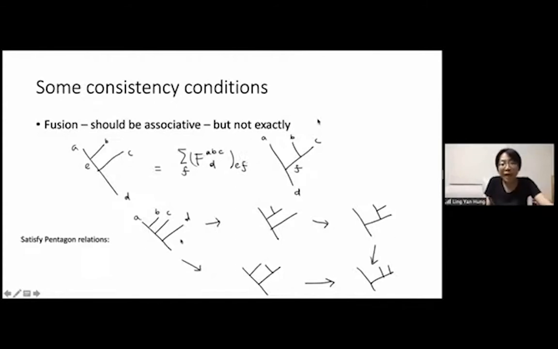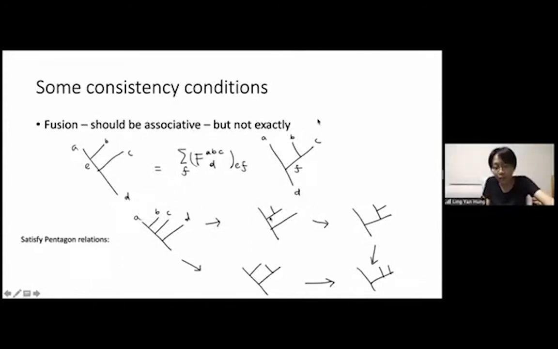And so now this comes to a consistency condition called the Pentagon relation, where I have four objects, and I could consider first fusing B and C. This is often called an F move, where I change the order of fusion. I started with this order of fusion, but then I decided to change it to fusing B and C first.